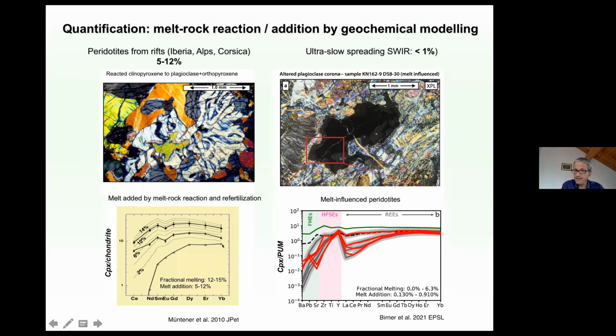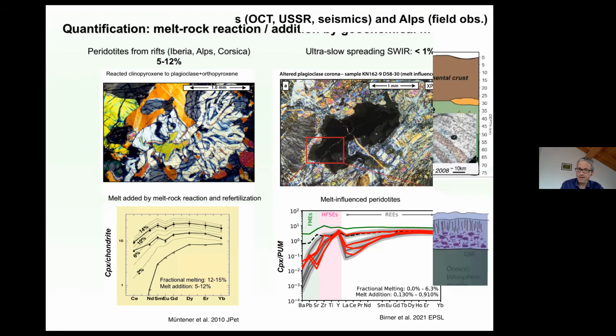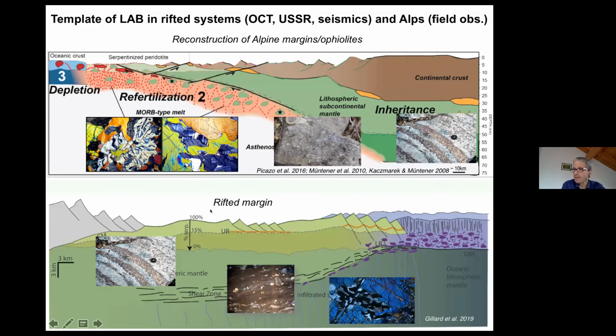Of course, this depends on what you take as an original depleted mantle signal, but this gives you a flavor of how much melt might be stored in the mantle itself without being mixed. So we can put these different figures into sort of two schematic sketches.